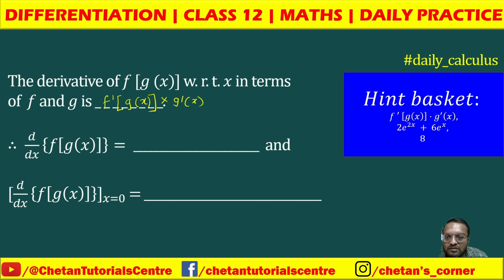In this way, using the chain rule, we have written the derivative of the composite function f of g x in terms of f and g with respect to x. Now let's move further.